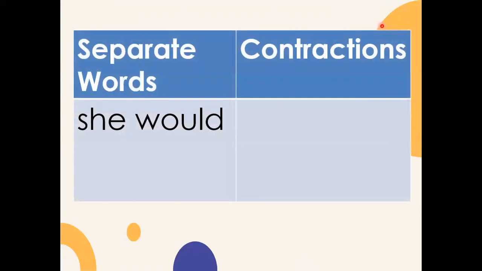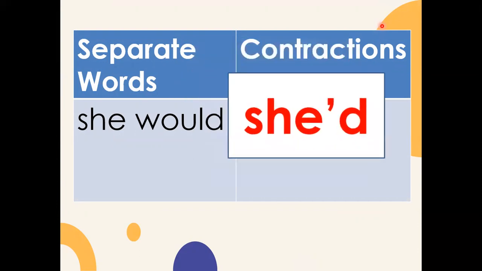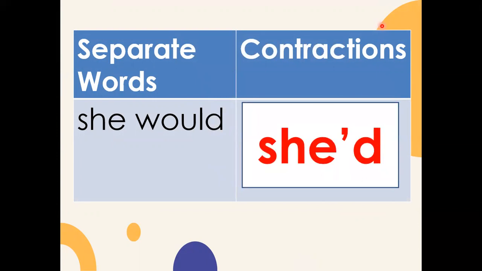Okay, the word is she would, and it becomes she'd. You take the place of the W-O-U-L, and these letters transform into an apostrophe. Okay?